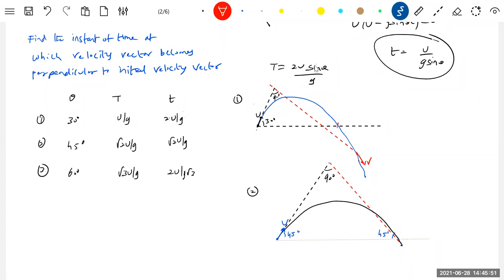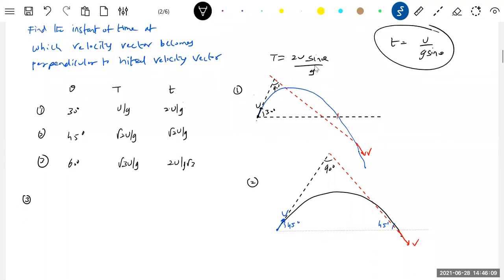Otherwise, if you just remember the formula, anything formula-based will come, but the analysis you are unable to do. If it is 60 degrees, then before the point of striking only, it's going to become perpendicular. Very few students really want to learn. The remaining all, what will happen, answer got, okay, they'll feel happy.